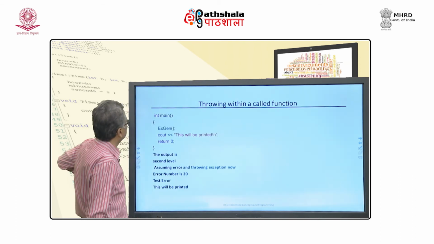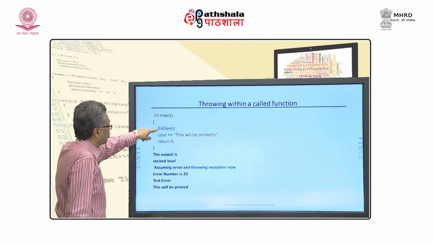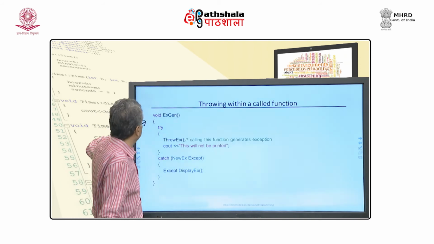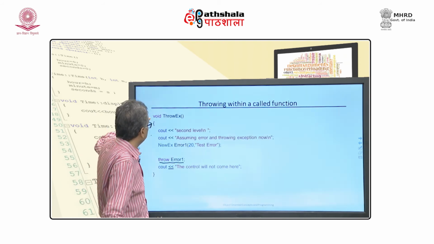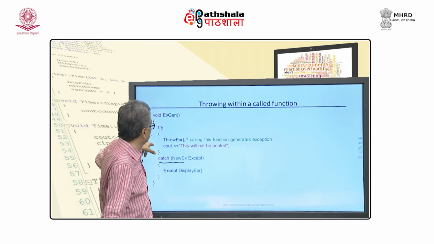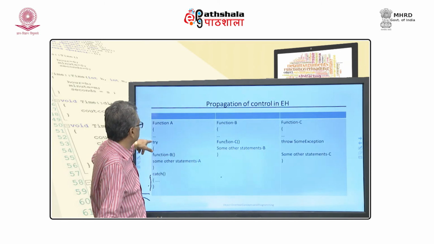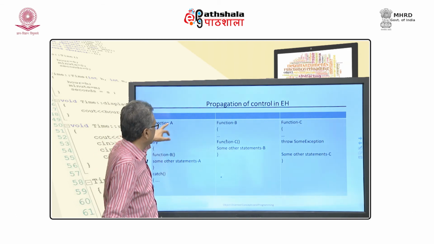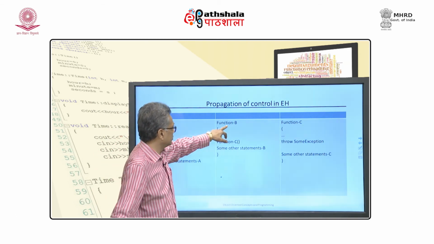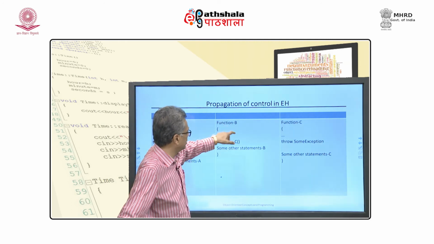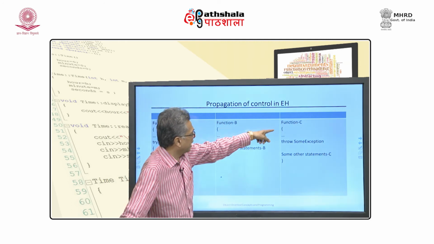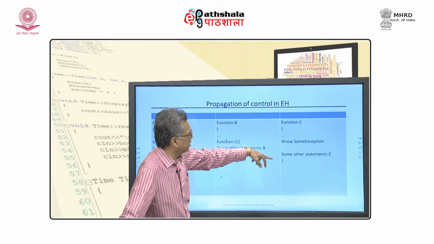Now, this first function is being called by main. So main calls xgen, xgen calls throw ex. So there is the same thing which we talked about. This is main, xgen, and then the throw-gen.